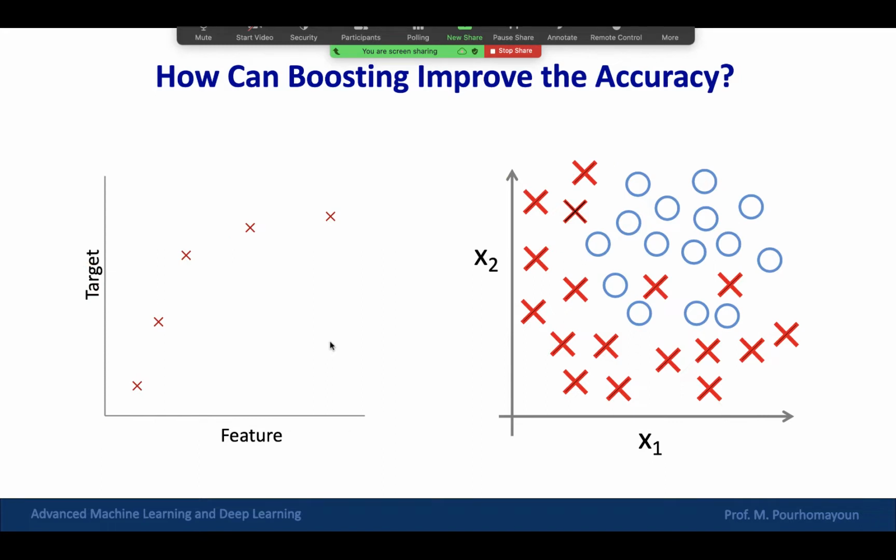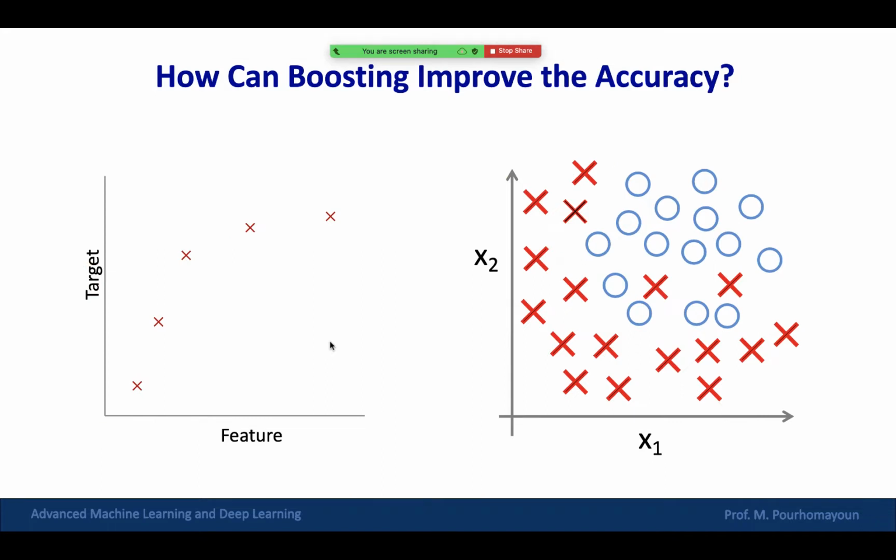Now, when a model is too sensitive to the data, or in other words, when a model is overfit, we call it high variance. It means that the variance of the outputs with respect to input is too high. The model is too sensitive. So for regression, for example, look at this.